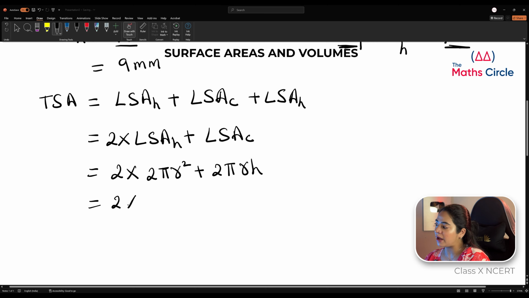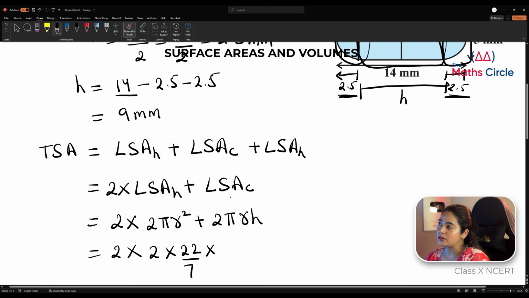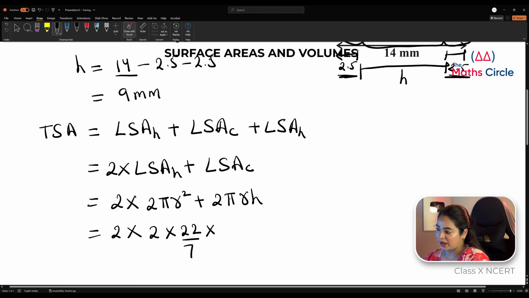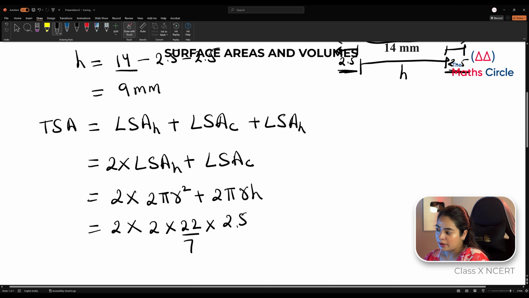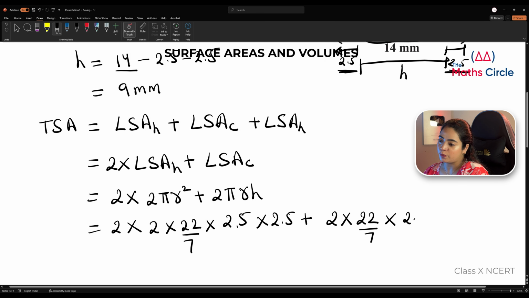Now, substituting the values, I get 2 into 2 by 22 by 7 into radius is 2.5 multiply by 2.5, and here 2 into 22 by 7 multiply by 2.5 multiply by 9.